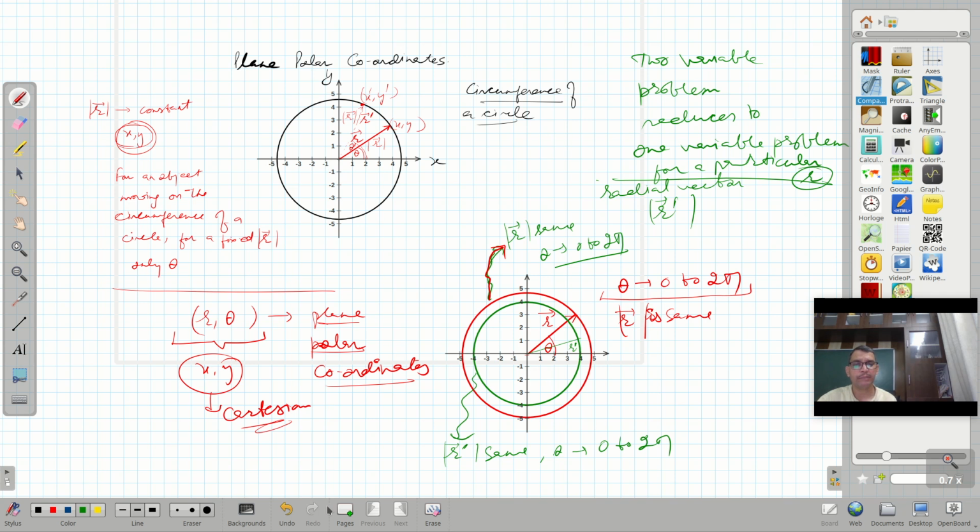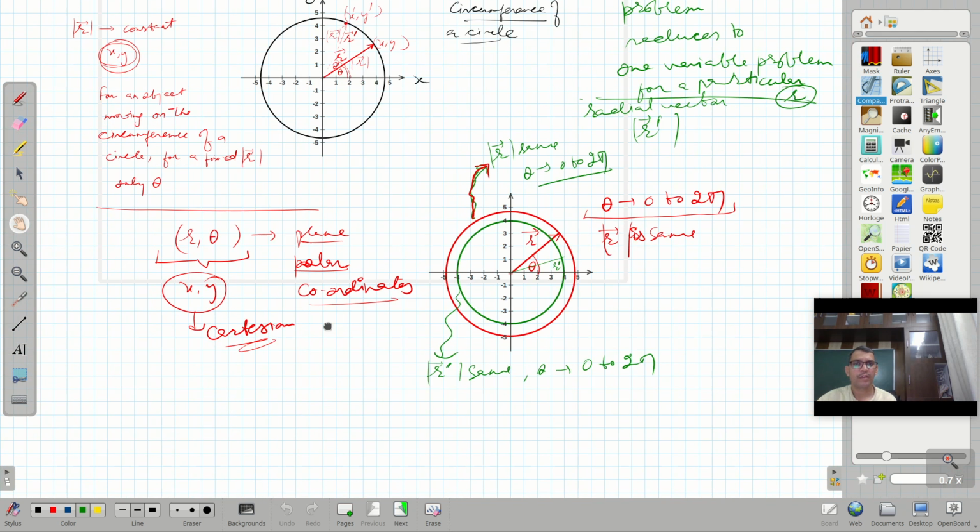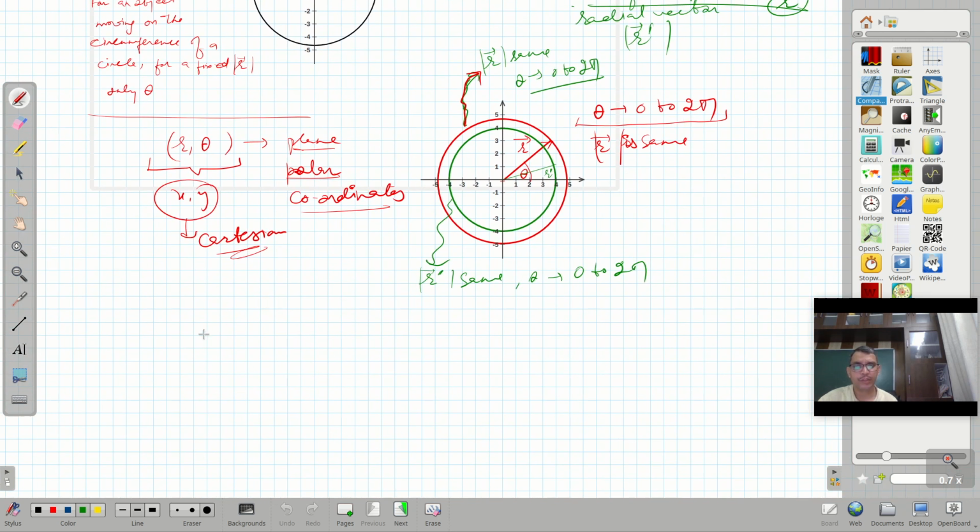Another thing which we have to keep in mind: if the magnitude of r varies from 0 to r, and theta varies from 0 to 2 pi, that means I am not talking about a circumference, I am talking about a circular disk.